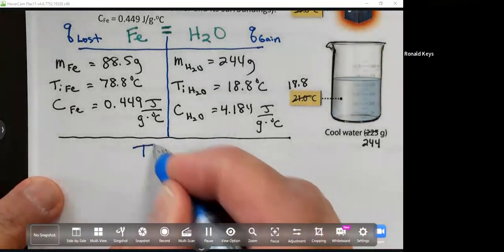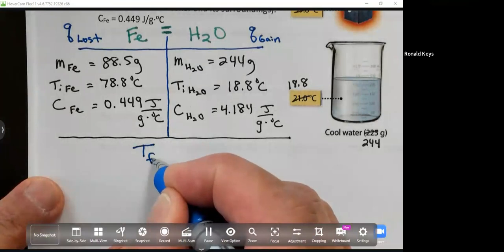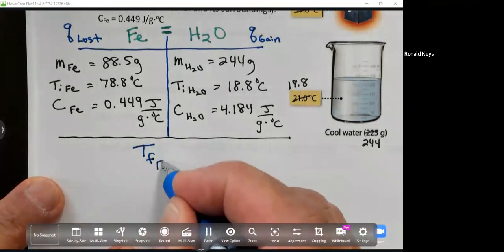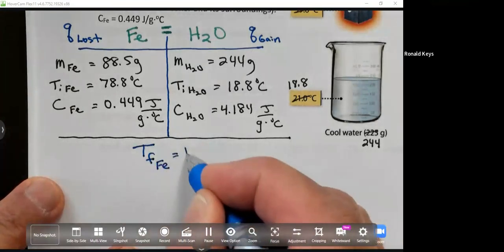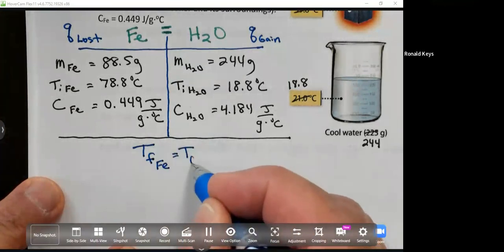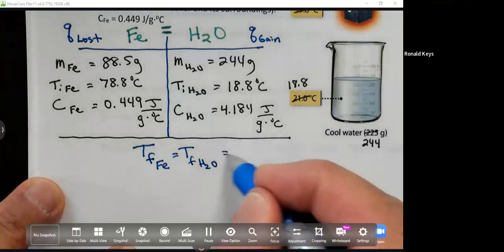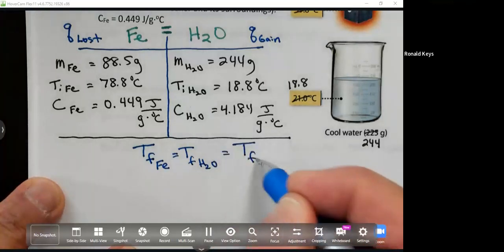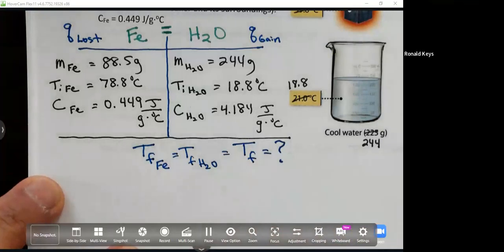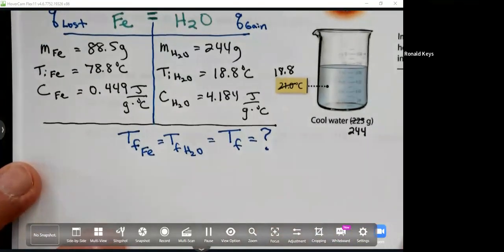I'm looking for T final. T final of the iron equals T final of the water, so we're just going to call that T final of them together.